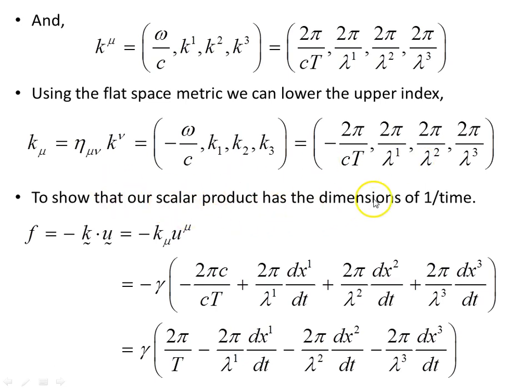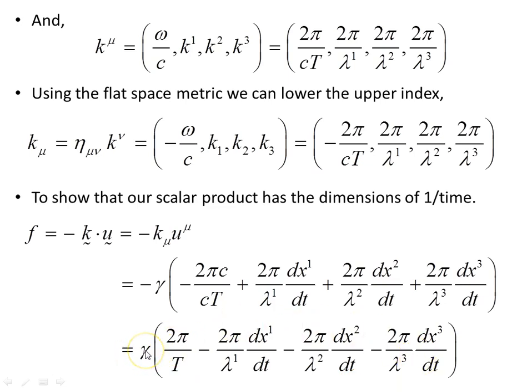To show that our scalar product has the dimensions of 1 over time, and so this expression is a suitable expression for the frequency of a light signal, we just need to do some dimensional analysis on it and look at the units, the dimensions here. With this scalar product, this object here, gamma is dimensionless, and c over c cancels out here, and so it gives us this object down the bottom.